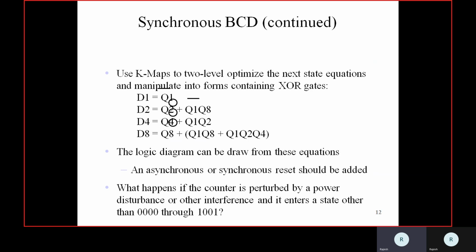So the hardware for D1 is directly Q1. For D2, it is a combination of Q2 plus Q1, Q0. So there is an AND gate plus OR gate given inputs as outputs of the flip-flops. So next state is generating from the present state.